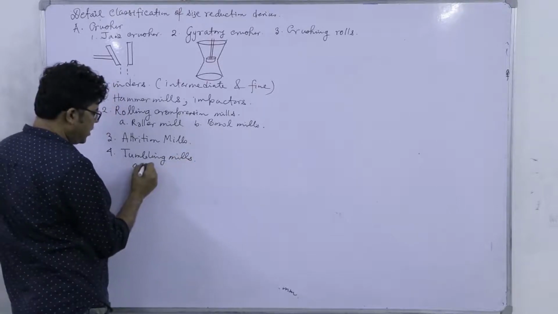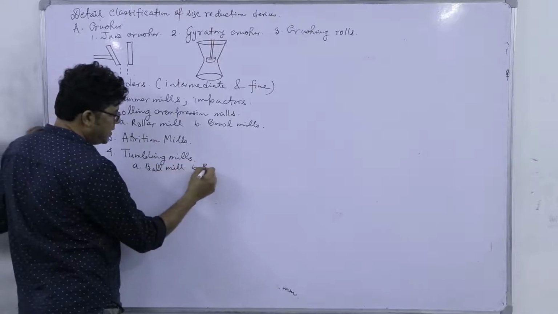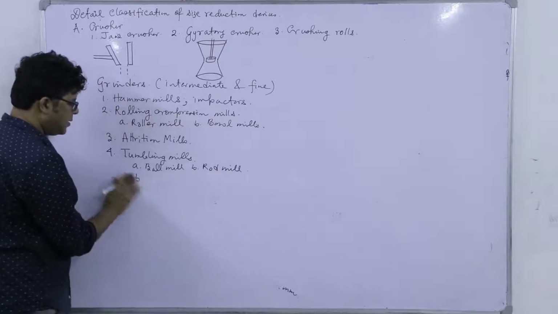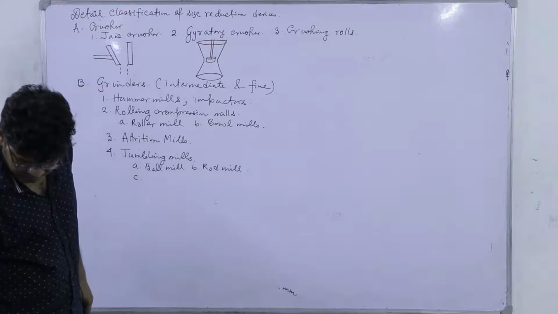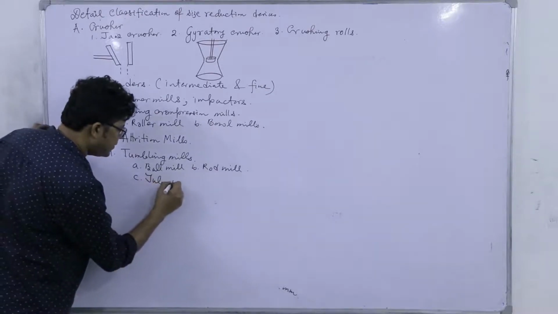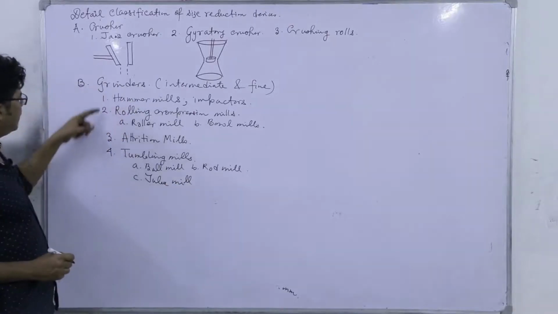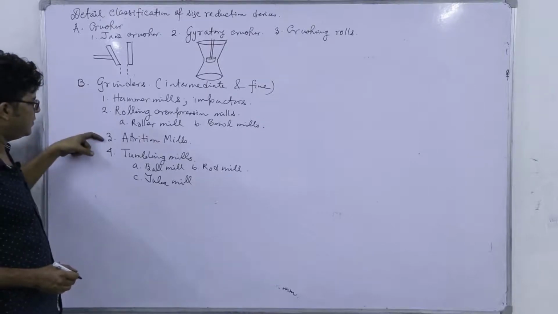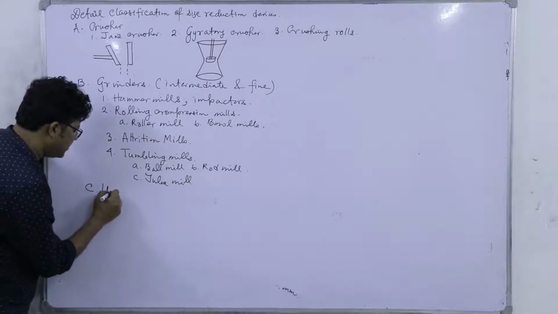which includes ball mill, rod mill, then ball mill, rod mill or pebble mill also, tube mill, etc. So hammer mill with impactors, rolling compression mill, attrition mill and tumbling mill. C, we have ultrafine grinder.